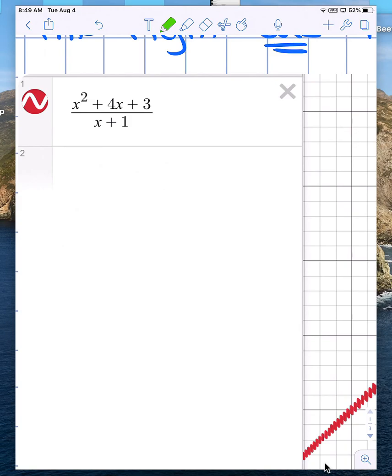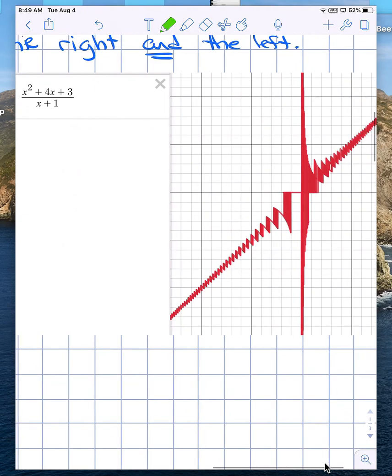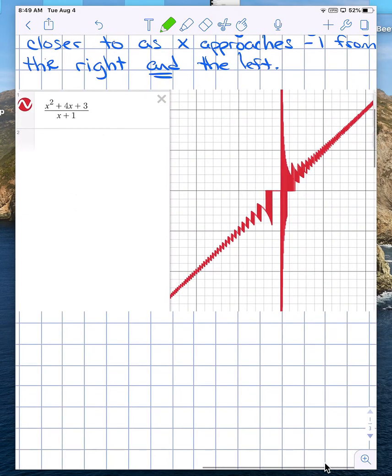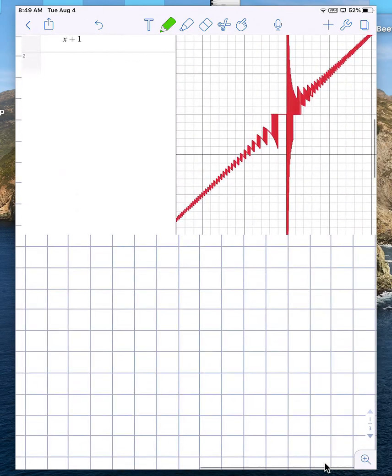Your graphing calculator shows that hole way better than Desmos. Desmos is just freaking out when it gets closer to -1, but your calculator will show it way more clearly. So from now on, because I won't be using Desmos or the calculator to do these, I'll be drawing these by hand, and you will too.